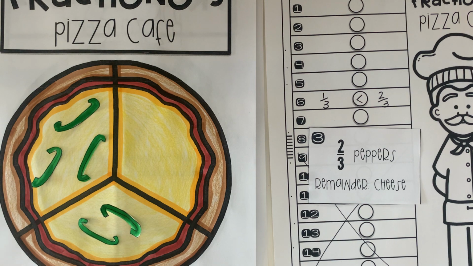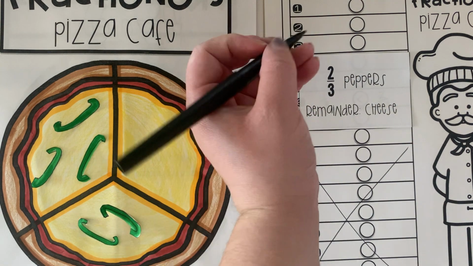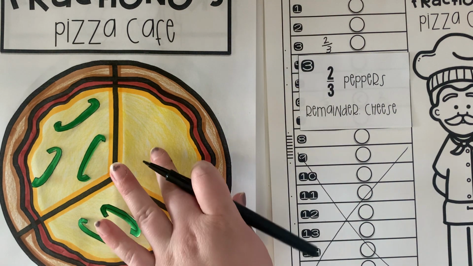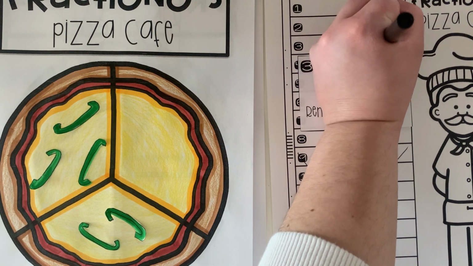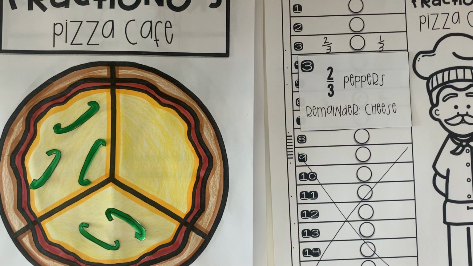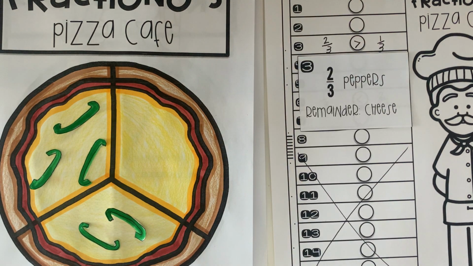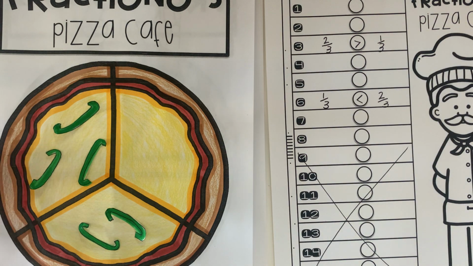So up here for number 3, I'm going to put 2/3 on the left, and then the remainder, so there's this much, is 1/3 that's cheese. So 2/3 is greater than 1/3. Okay?